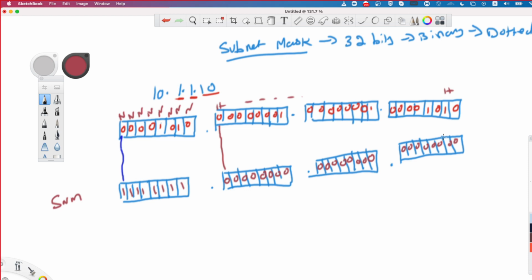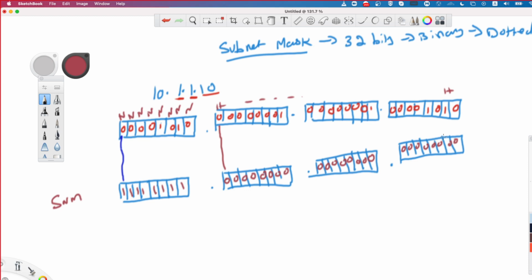For our convenience, we are converting that into 4 equivalent parts and then the dotted decimal system, like an IP address. Right? Now, the point is, in each and every bit of the subnet mask, you have only 2 possible choices. It can be 1 or it can be 0. When will it be 1? That's the question. As I said earlier, every bit of the subnet mask is tightly bound with the corresponding bit of your IP address.